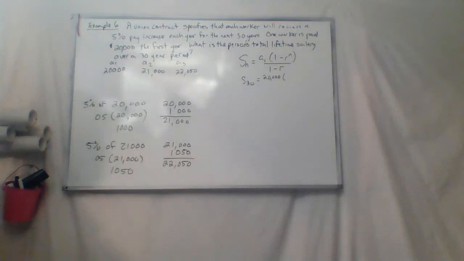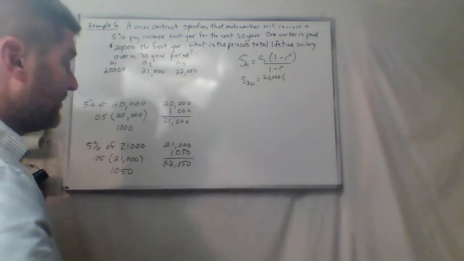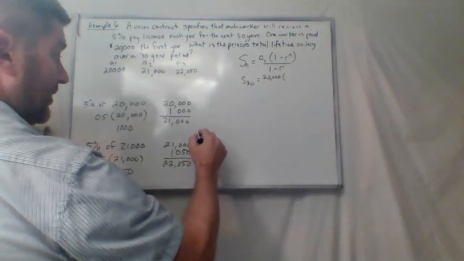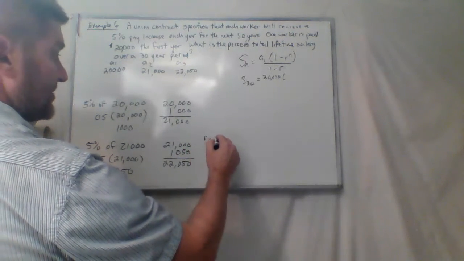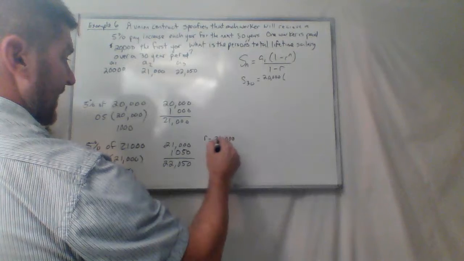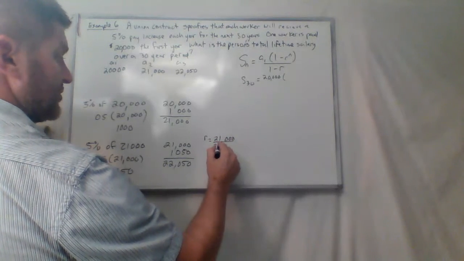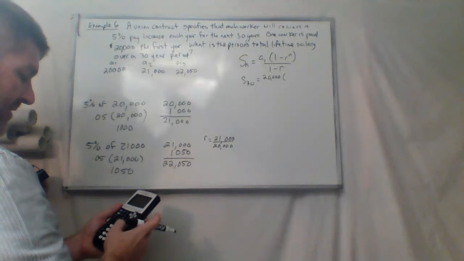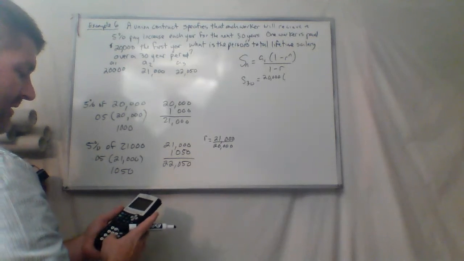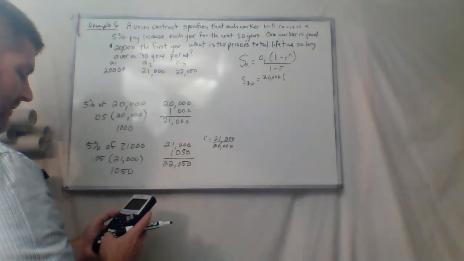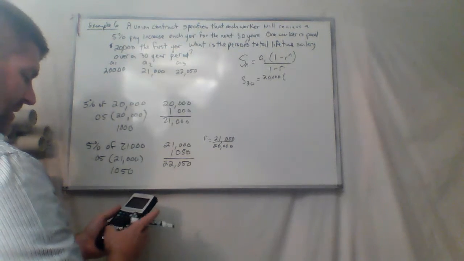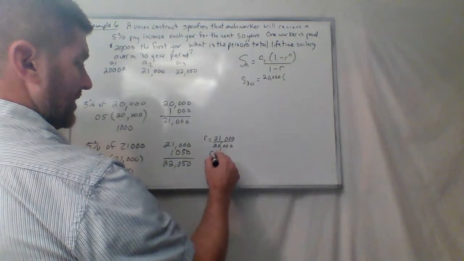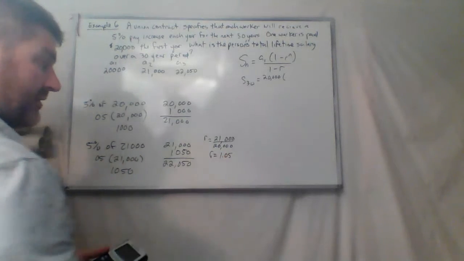I know what r is just from doing percentages all the time, but we can always find r by going second term divided by the first. So if I did 21,000 divided by 20,000, I get r is 1.05.